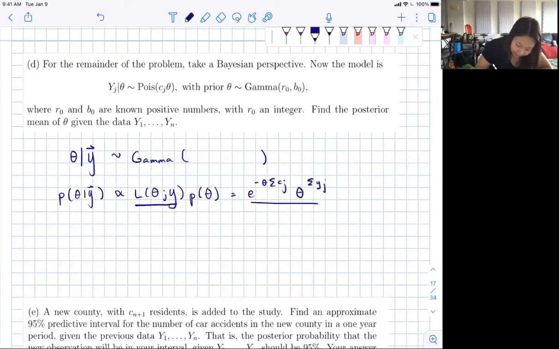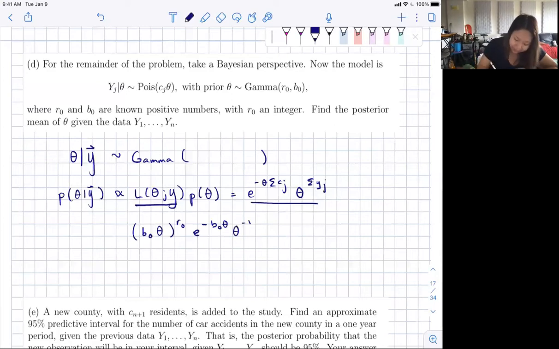So we have b naught to the r naught, theta to the r naught minus 1, and e to the negative b naught theta.